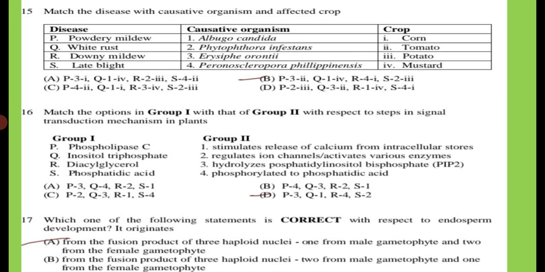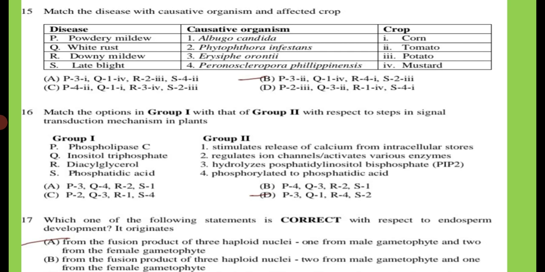The activator of each PLC is variable, but typically it includes a heterotrimeric G protein. Sometimes it may be a protein tyrosine kinase or a small G protein.